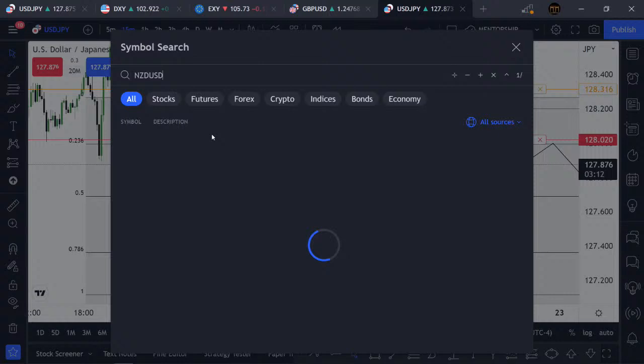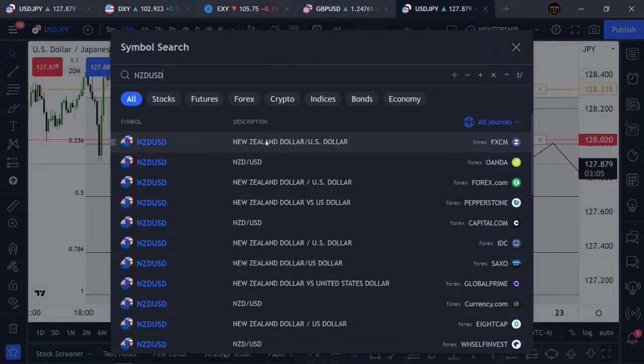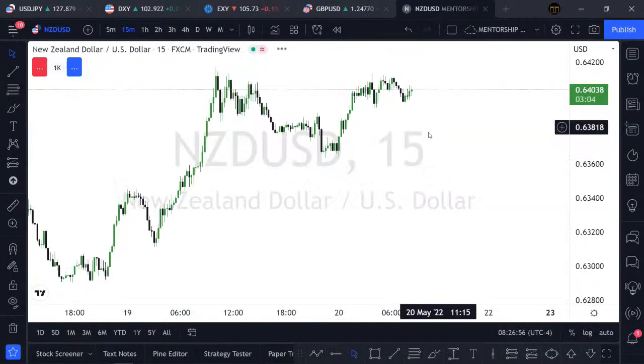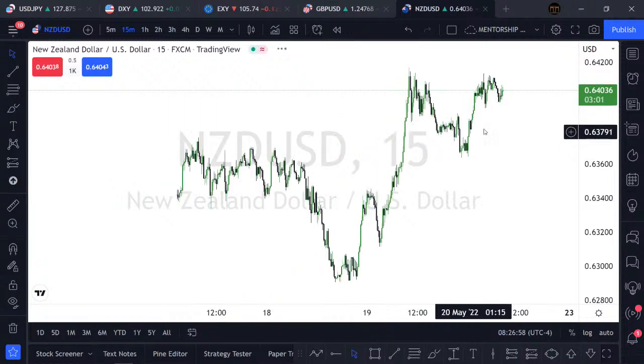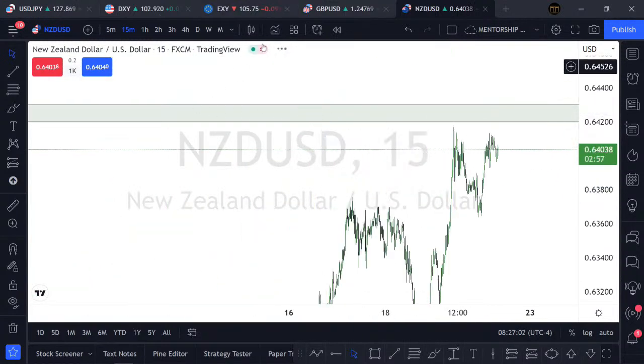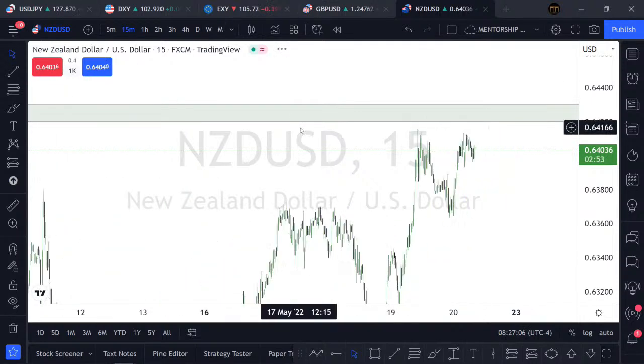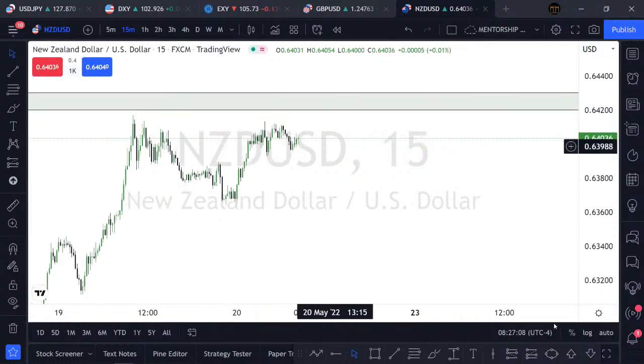Let's look at what it's giving us. USD New Zealand, voila. I don't know why I put this here, but let's look at the daily chart. This is something I was doing a very long time ago. Let's go ahead and delete that.